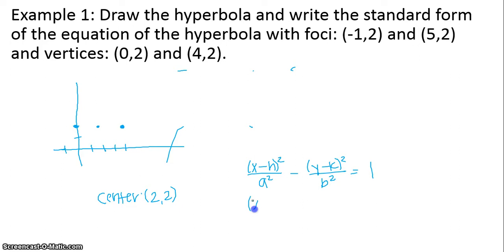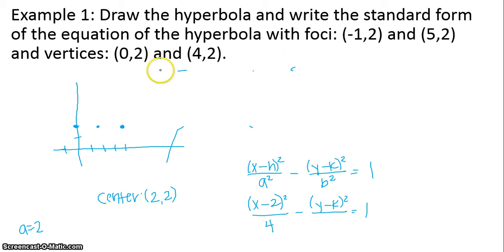So I can go ahead and plug in my h and my k with just what I've done so far. Since my vertices are just 2 away, that means I know that a is 2. So this is going to be 4.